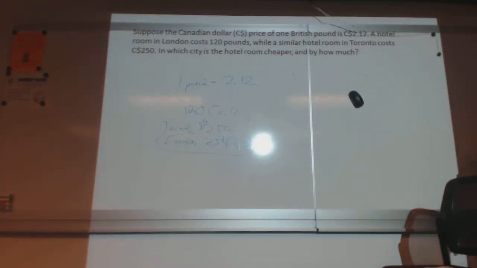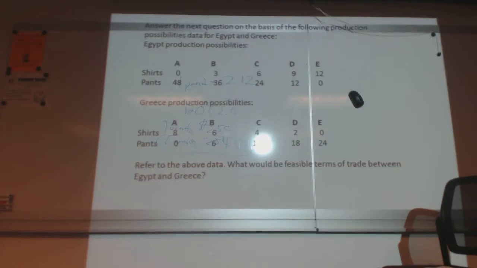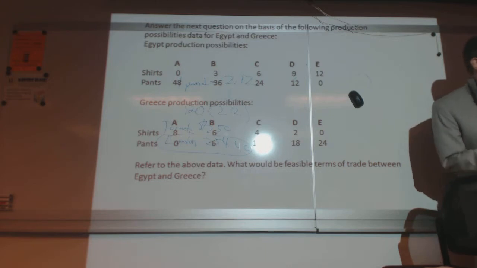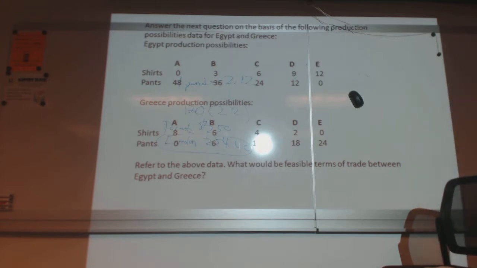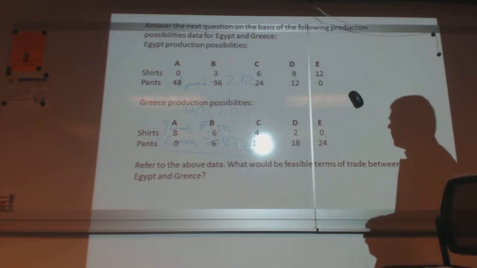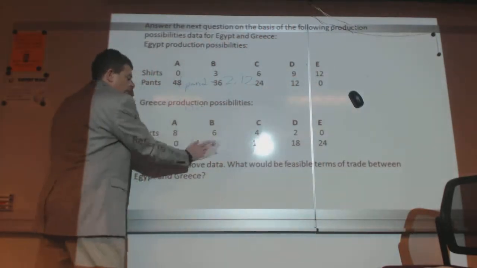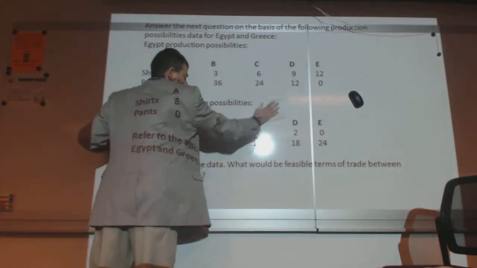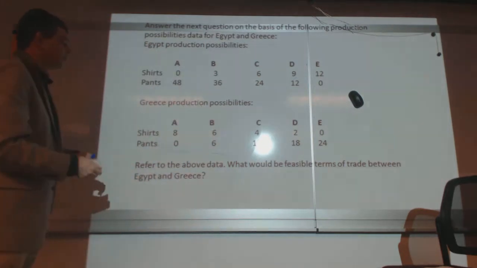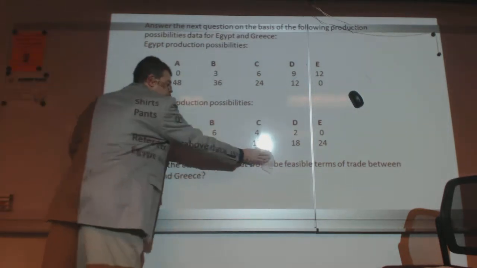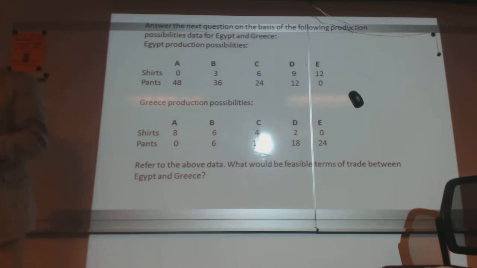The next one, however, is a teeny bit trickier. This deals with the concept of trade and comparative advantage. When you calculate trade and comparative advantage, we're given a scenario between two countries, and again, this is a really simple model, but it'll illustrate the point for us.